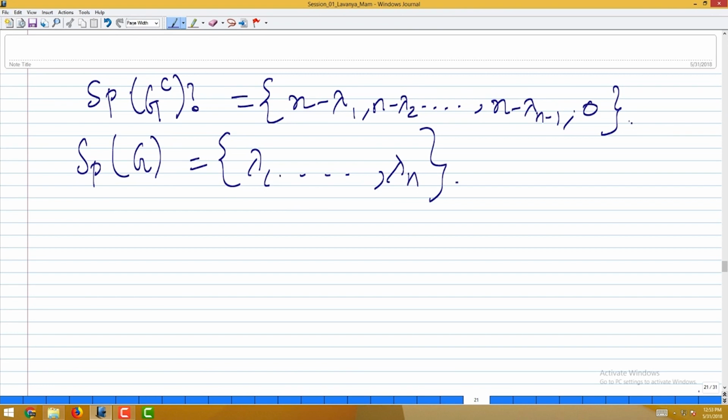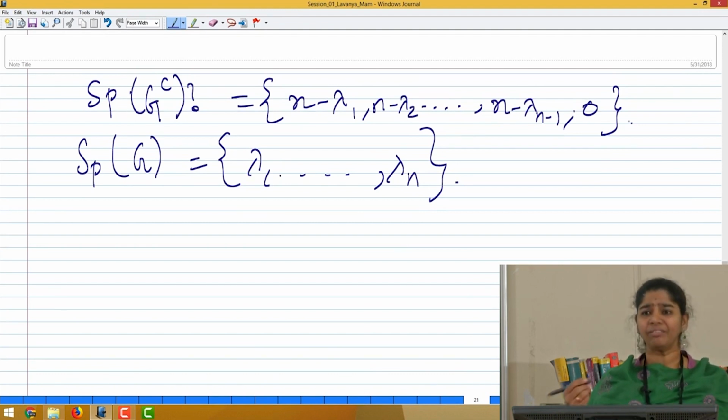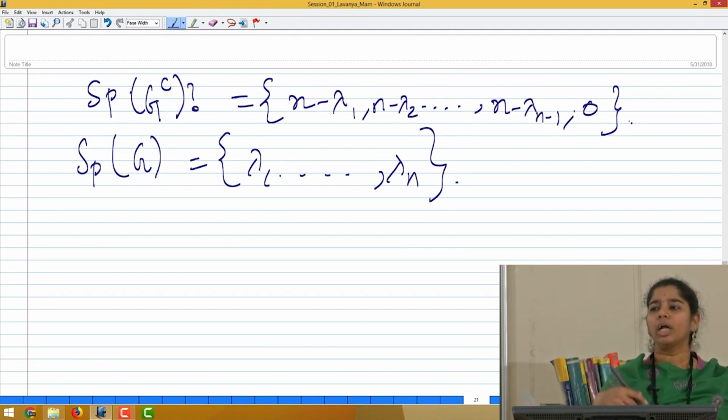The first n minus 1 eigenvalues take this form, n minus the lambda i values, and 0 will be another eigenvalue. So, you can now combine these two questions. What can we now say about a graph G?